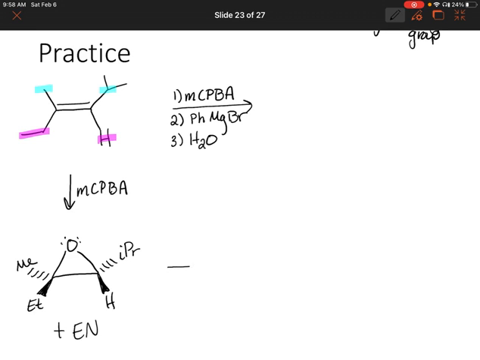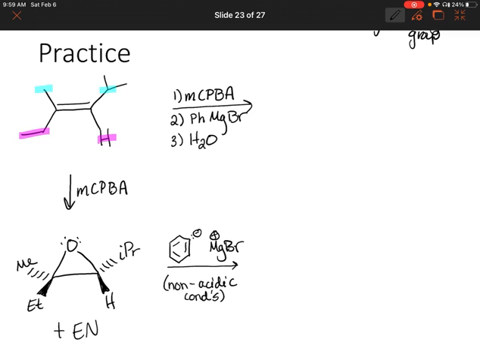All right, so then in our next step, we're adding our Grignard reagent. And I said that a phenyl group is in our Grignard reagent. So let's draw what that would look like. So we have a benzene ring with a negative charge. Okay, so again, we're under non-acidic conditions. We don't have any acid present. So where would that nucleophile attack?